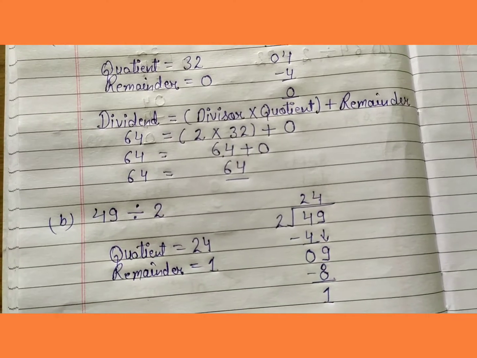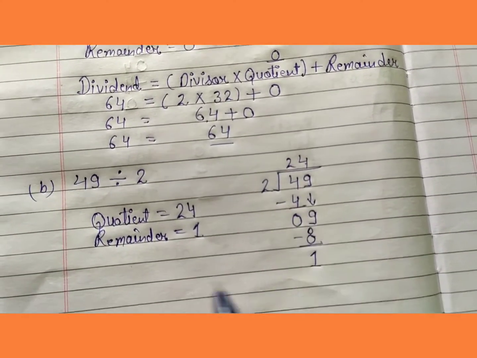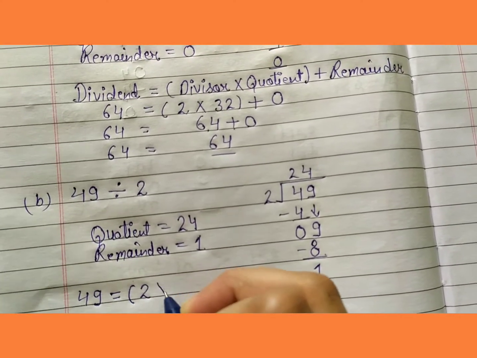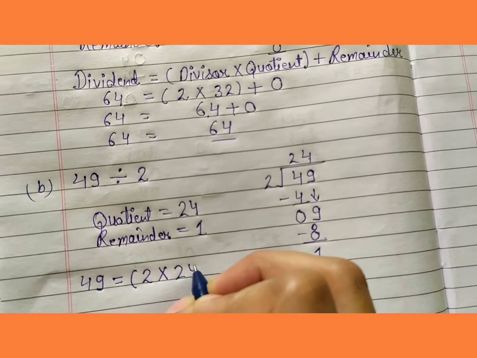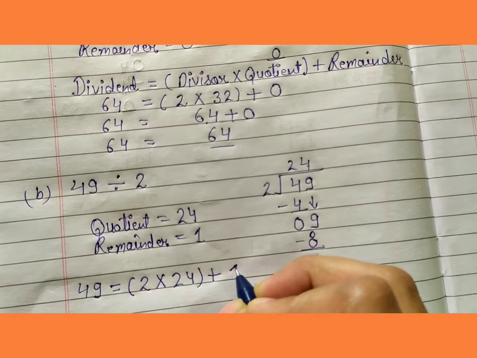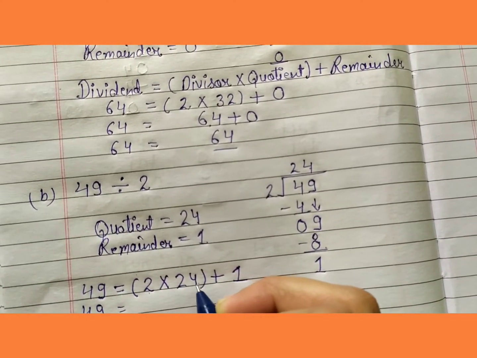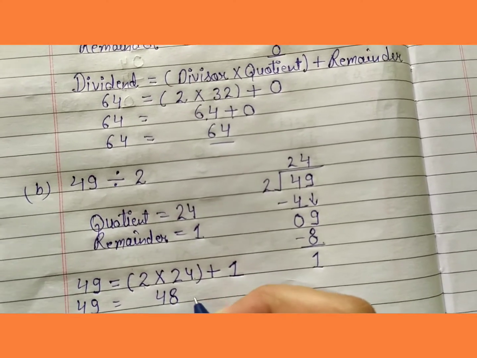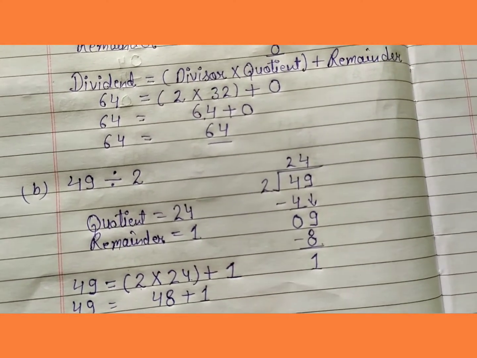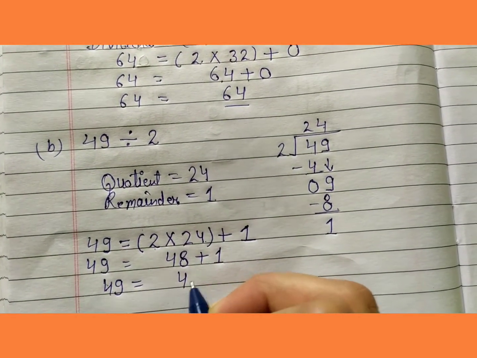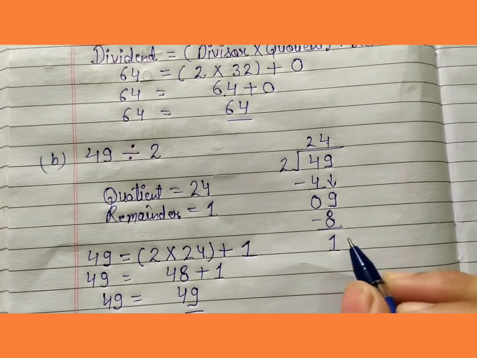Now start the verification. Firstly write the dividend 49 equal to, write divisor is 2, multiply quotient 24, add remainder is 1. 49 equal to 2 multiply 24 equal to 48, add 1. 49 equal to 48 add 1 equal to 49. Both are equal. It means your answer is correct.